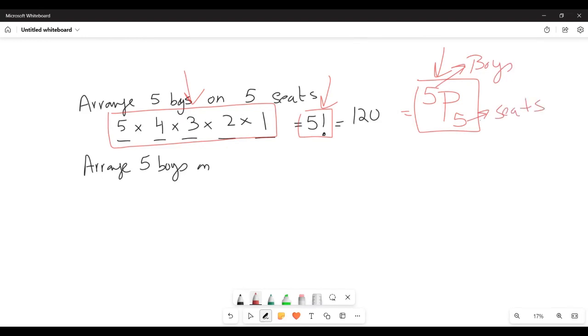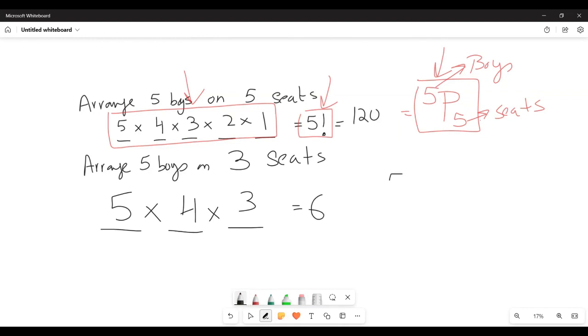Okay. Up the next part is arrange 5 boys on 3 seats. So how many boys do we have available who can sit on the first seat? 5 times. Now we have 4 boys left. 4. Now we have 3 boys left. So the answer is going to be 5 times 4 times 3, which is 60.